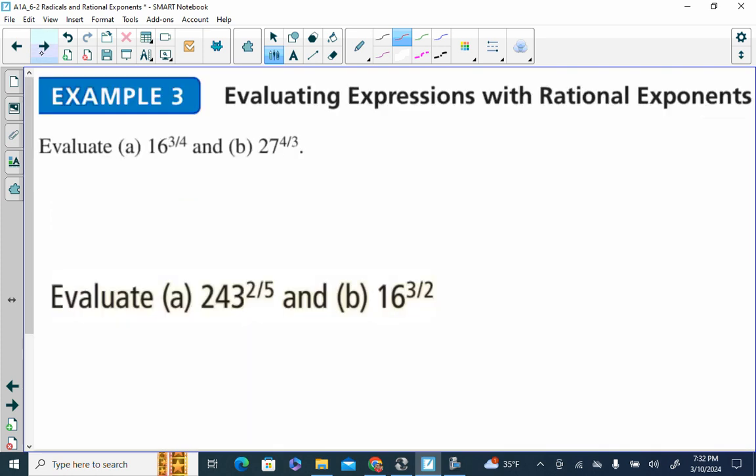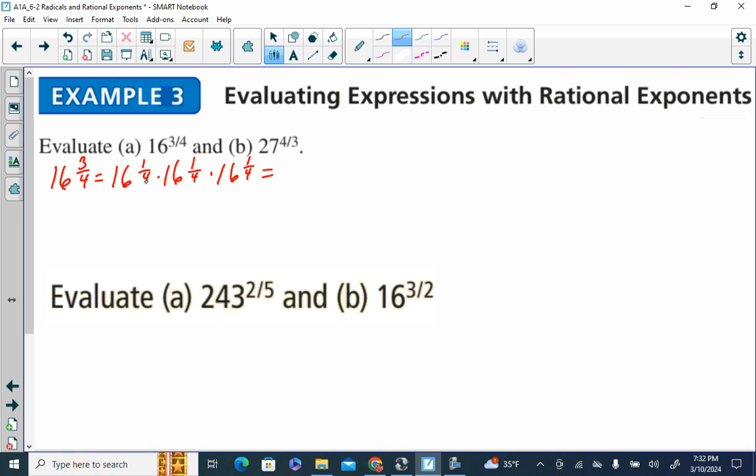So let's look at some examples. All right, so if I'm looking at this first example, example A, 16 to the 3/4 power. 16 to the 3/4 power is the same as 16 to the 1/4 times 16 to the 1/4 times 16 to the 1/4 power.